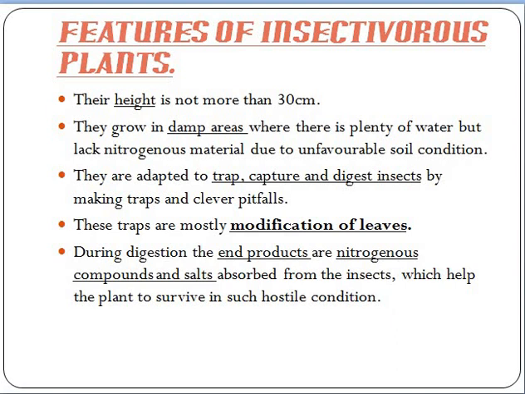Now some features of insectivorous plants are: their height is not more than 30 centimeters, which means they are not very tall plants, they are a kind of shrub. They grow in damp areas where there is plenty of water but lack nitrogenous material due to unfavorable soil condition.